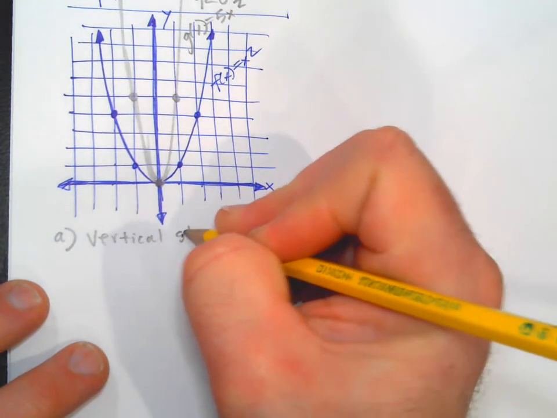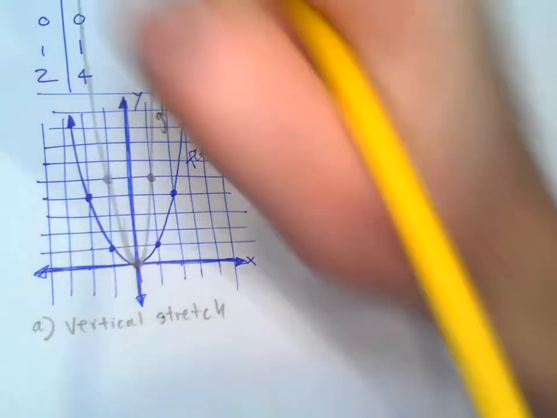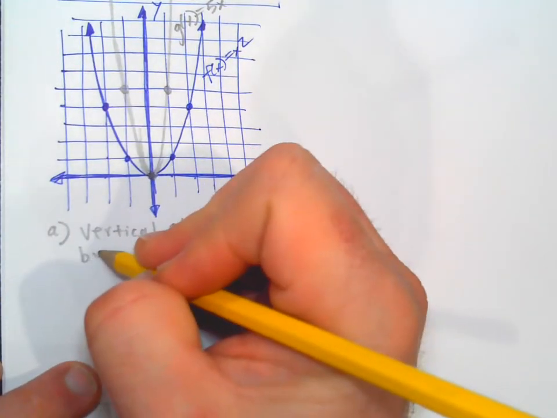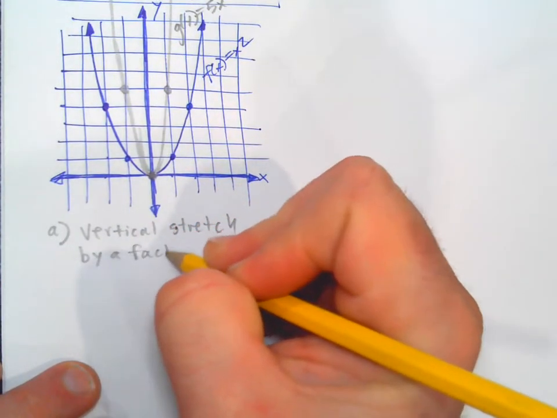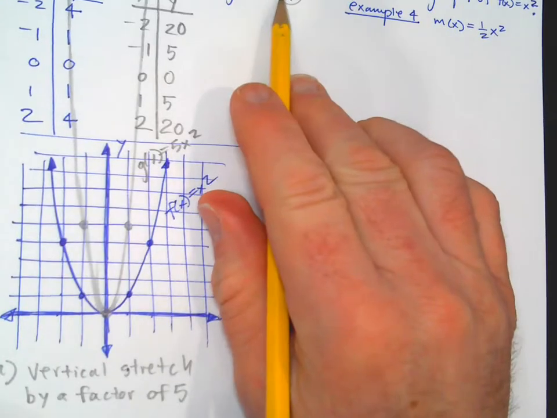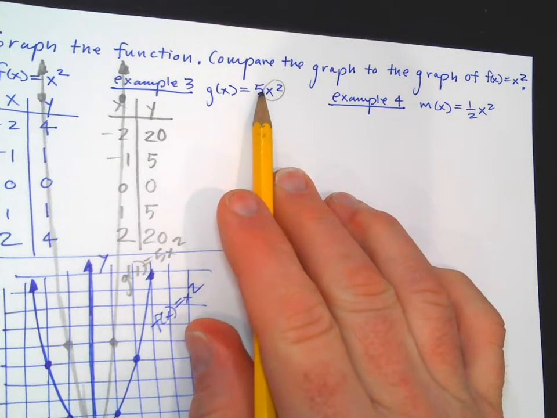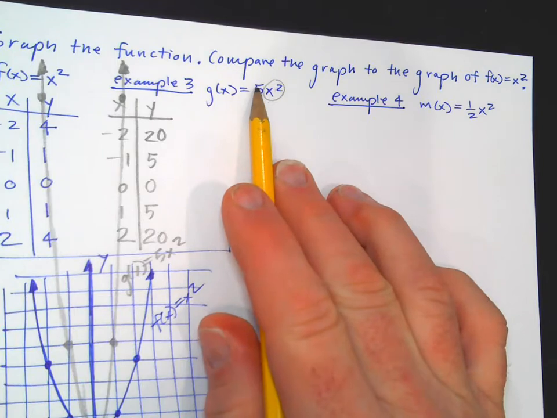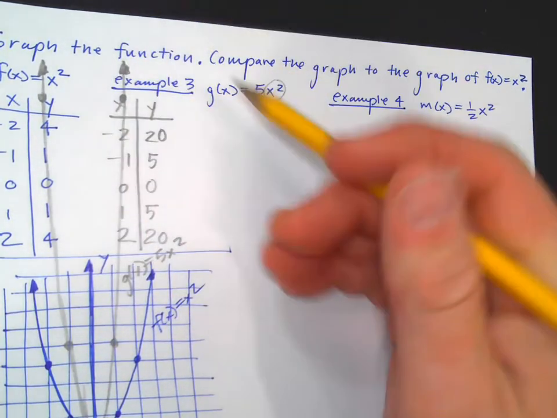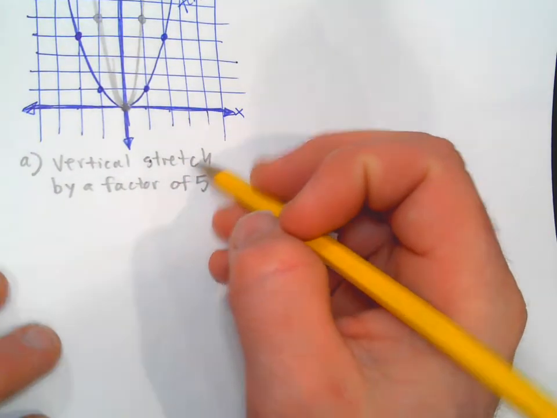It looks like someone stretched it and made it tall and skinny. It's a vertical stretch by a factor of 5. It's 5 times taller. That's what the number in front does. It multiplies all the values you would normally get by 5, making everything 5 times taller. All the dots we got before are 5 times taller, which stretches it by a factor of 5.